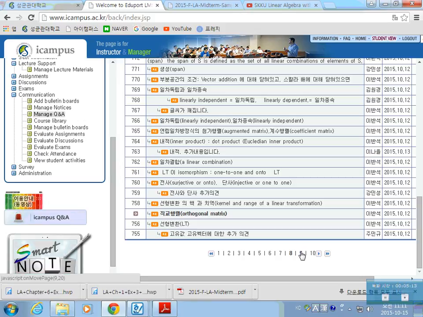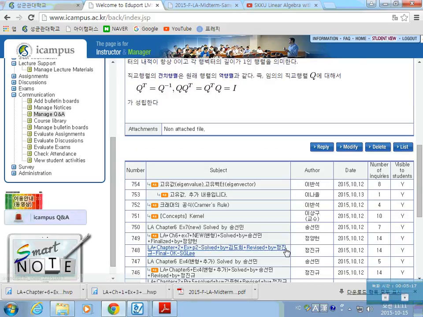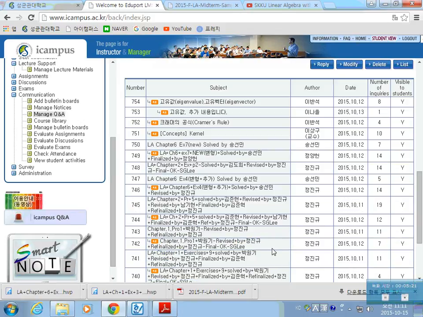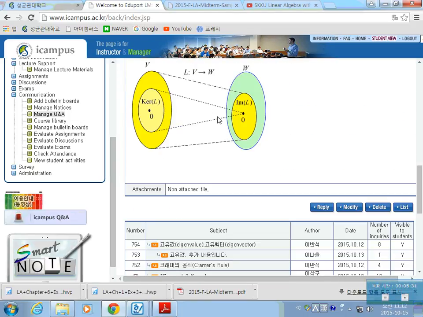Then international students will be able to participate in the discussion without difficulties. And the concept of eigenvalues and eigenvectors, Cramer's rule and the concept of kernel were given in here like this.